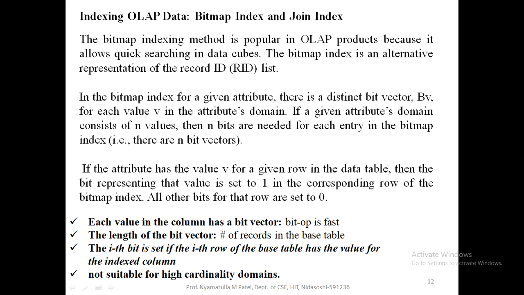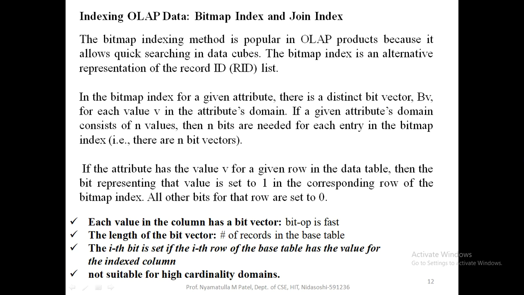If I want to access data from a huge amount of data, I need to first index it, like your books are indexed. If I want to search for any particular topic in a book, I do not search page by page. I go to the contents of the book, I go to the index, I search for the particular topic, I go to that particular page number and I access the data.